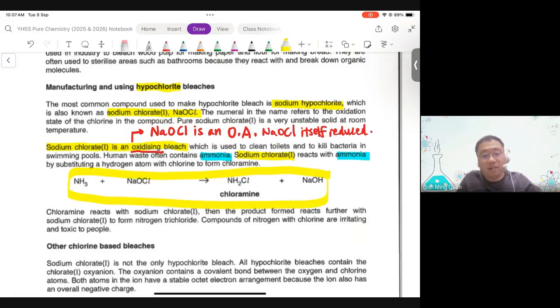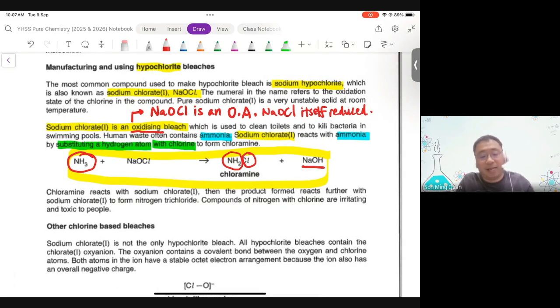Okay? Importantly, they have also told you something important. It substitutes a H with chlorine. At first, ammonia is NH3, 3 hydrogens. Now only NH2 with a Cl. Do you see that? So it replaced, it substituted 1 hydrogen atom with chlorine.